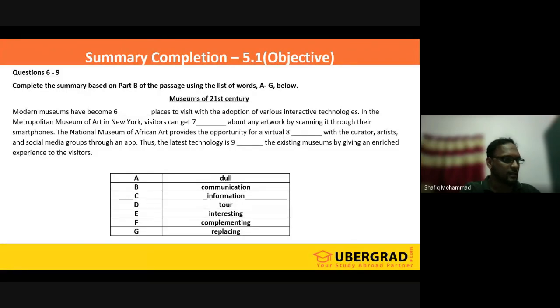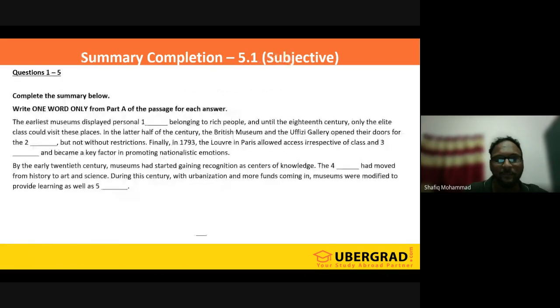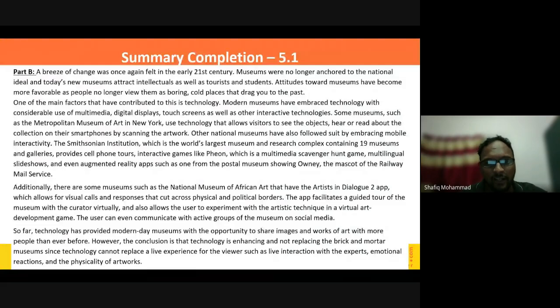For the ninth answer, some have given G, some have given F. Most of you have given the wrong answer. It is not replacing. If you go to the last part of the passage, the conclusion is that the technology is enhancing and not replacing the brick and mortar museums.